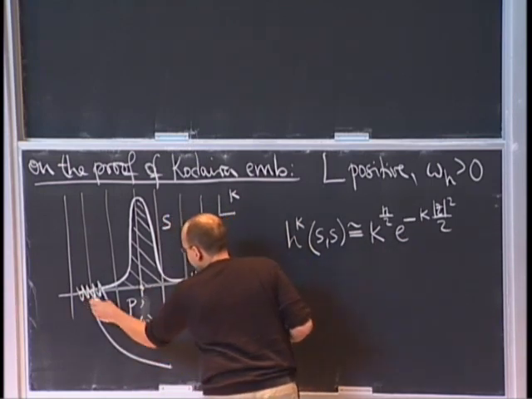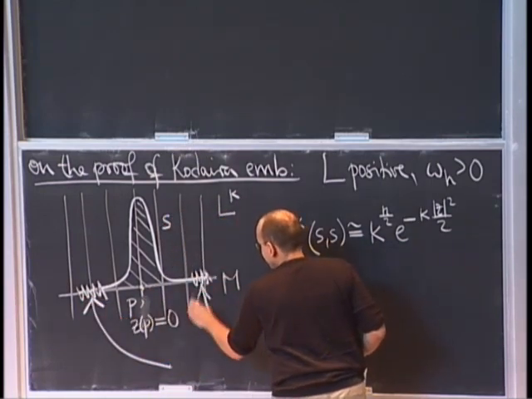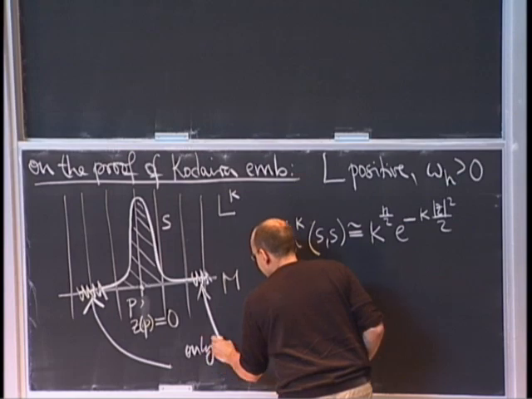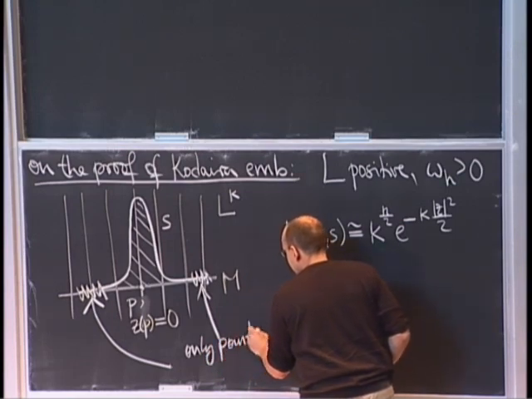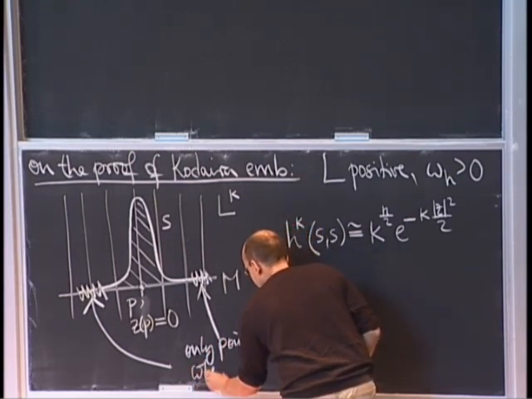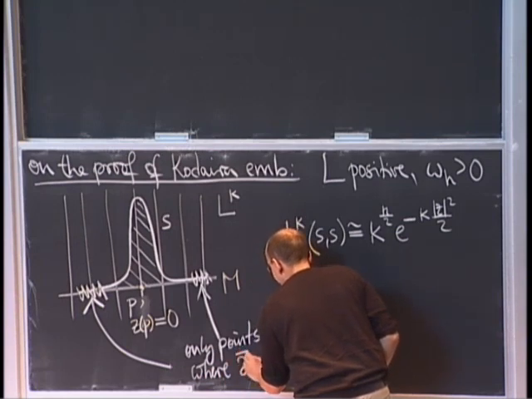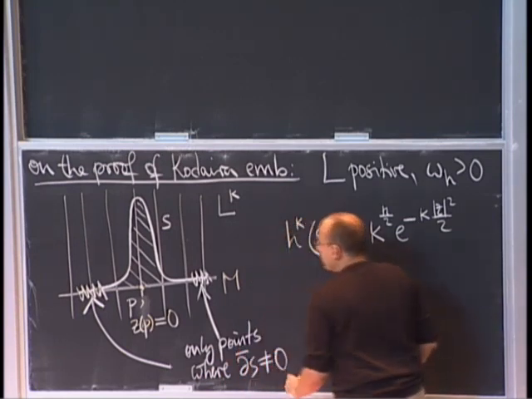So these are the only points where d bar of my section is not 0.